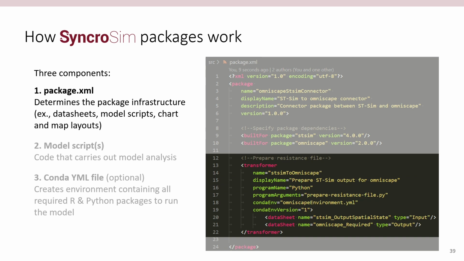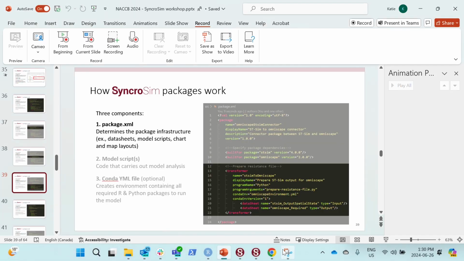And then third, we have our transformer section. This is where we specify the model script that we want to run for this package. You can have multiple transformers in your package XML; this one only has one. These are specified in your library in the pipelines data sheet. I can just show that as well.